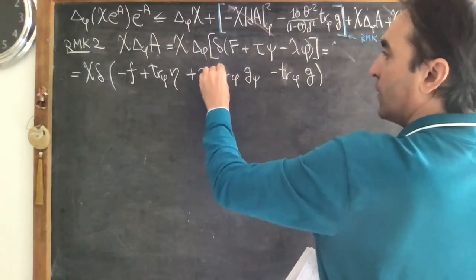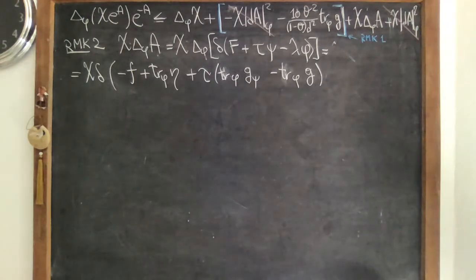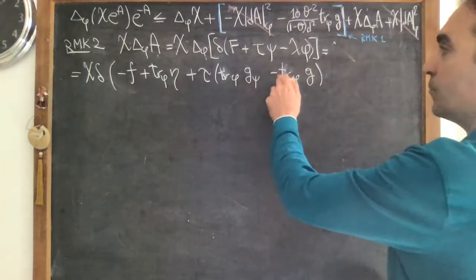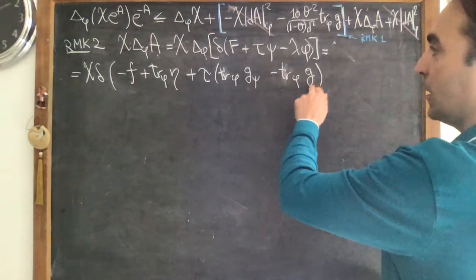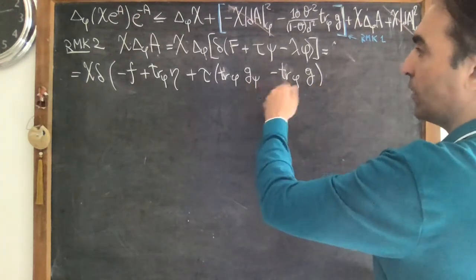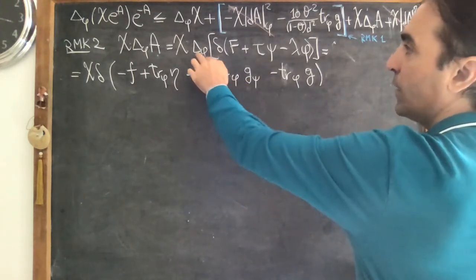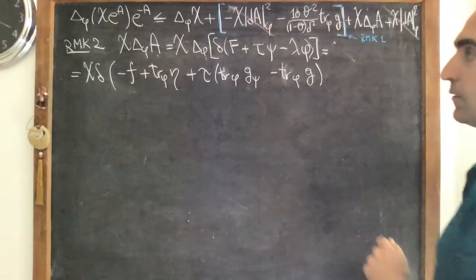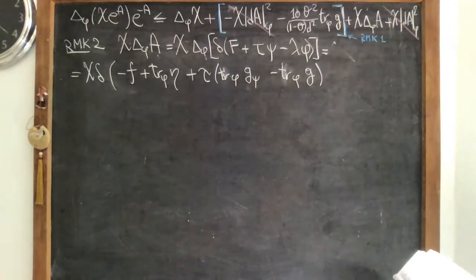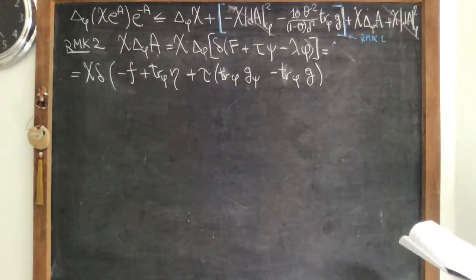Actually, the trace with respect to a metric applied to a function becomes a Laplacian, but in general it's a trace. So we added and subtracted a 1-1 form and a tensor, and so it's better to write the Laplacian as a trace, which is the general form of the Laplacian.